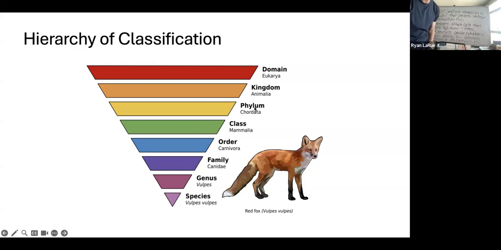And to help remember this, because on the exam, a question could be like, which of the following is the most specific, or which of the following includes all the others listed there, meaning which one is the most broad.